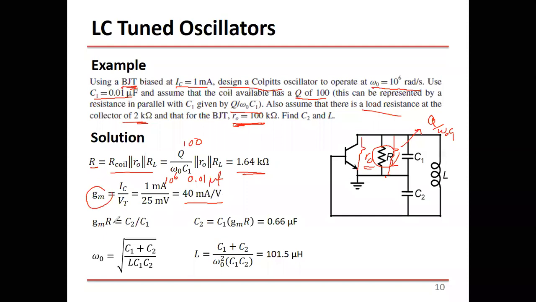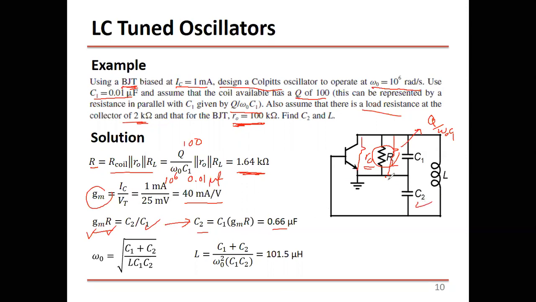And remember, the gain is Gm times R, which is calculated here. Gm times R equals C2 over C1. We now know Gm, R, and C1, so from this we can calculate C2. It is going to be 0.66 microfarad. So we found the other component C2.